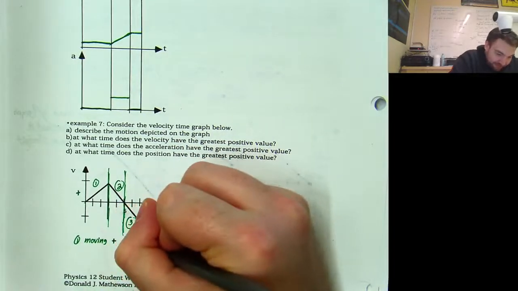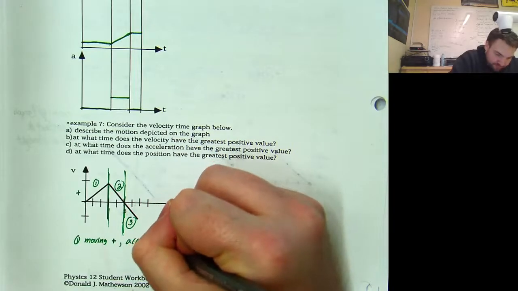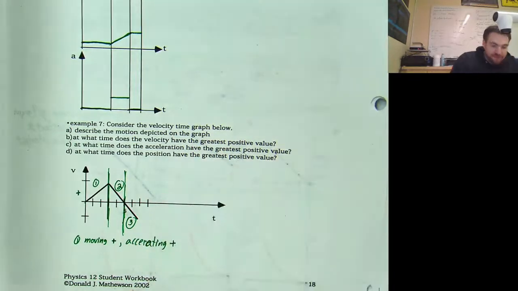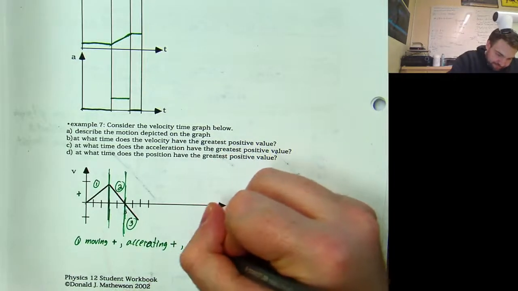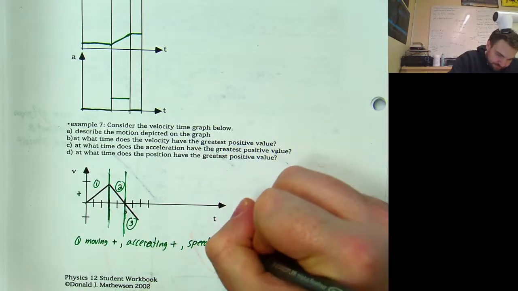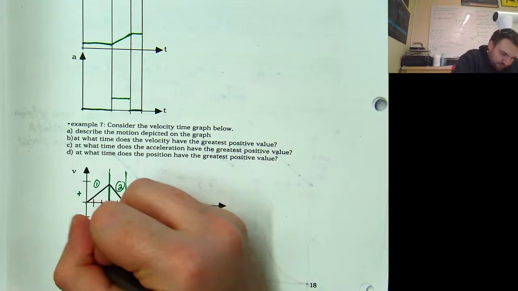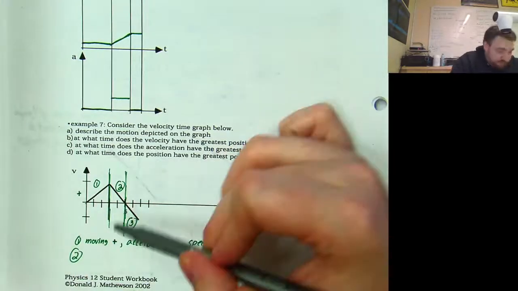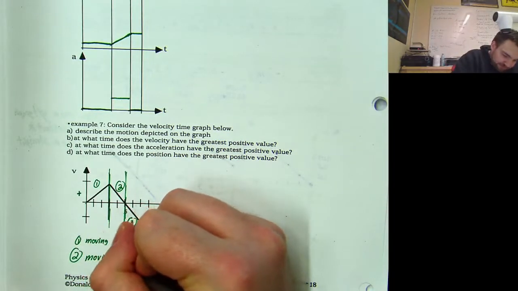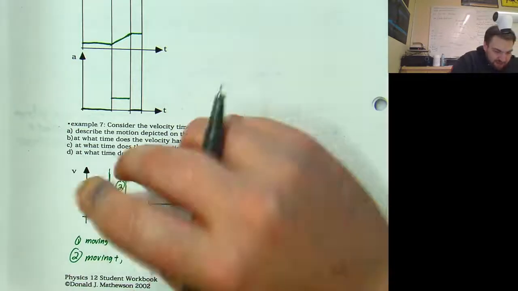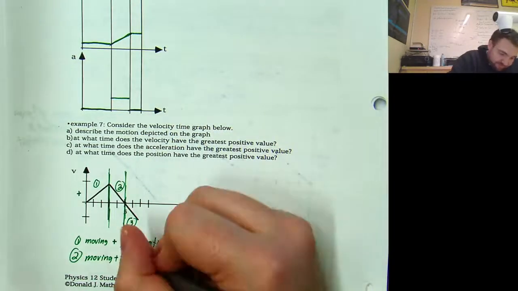And it's accelerating. We know that because it has a slope, and the slope is positive. It's moving positively and accelerating positively, so this thing is speeding up. And in 2, the velocity is still positive because we're above the x-axis here, so we're still moving positively, but the slope is now negative, which means our acceleration is negative.